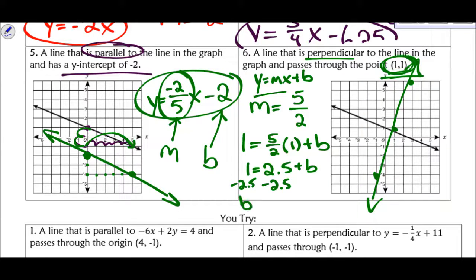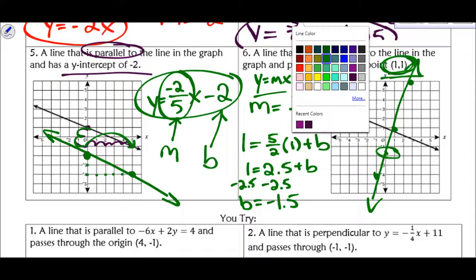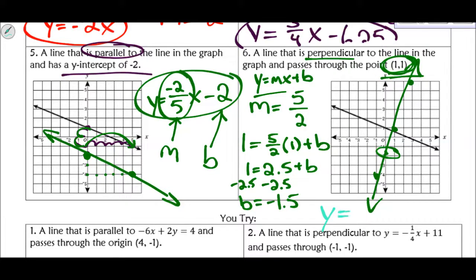That gives me that b is -1.5, which really makes sense. That is kind of clear there. You don't want to just estimate where it is, but it's at least confirmed by my picture. So my equation is y equals my slope, 5 over 2 times x, minus my 1.5, which is my y-intercept.